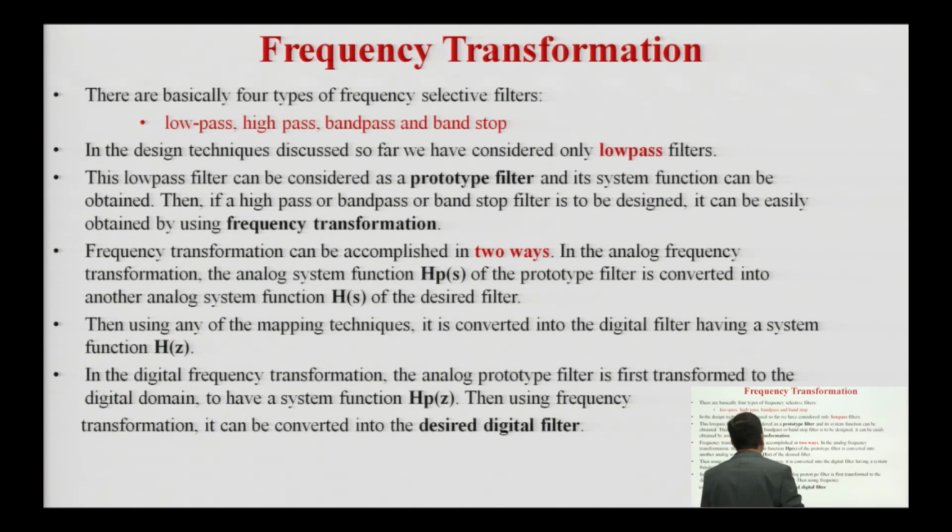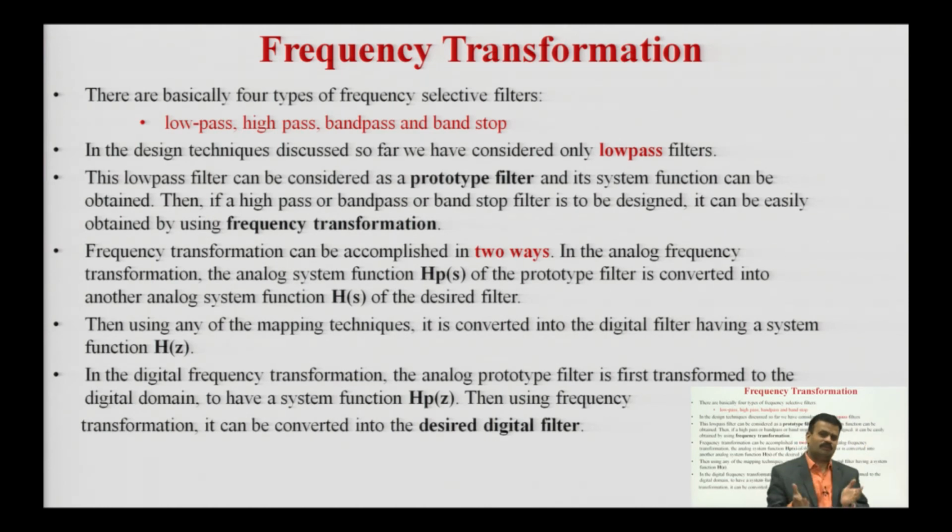Now we have completed the digital filter designing by using Butterworth and Chebyshev approximation, or by these methods we can design also. Now we will go for frequency transformation, because here we are changing the frequency, we are going from analog to digital.